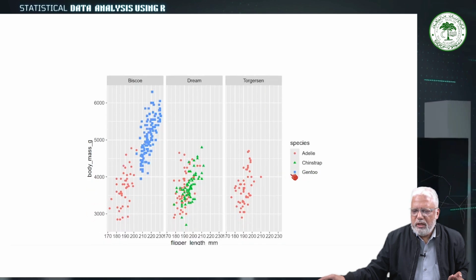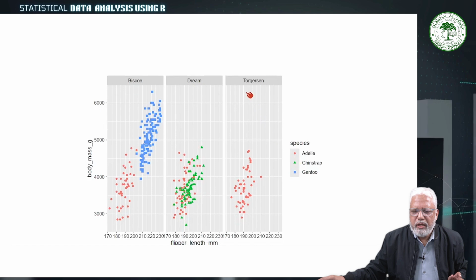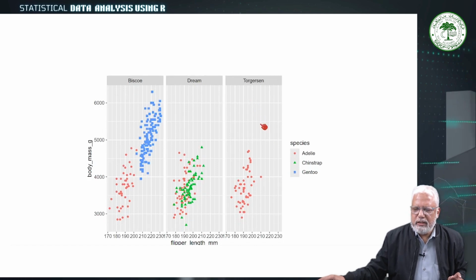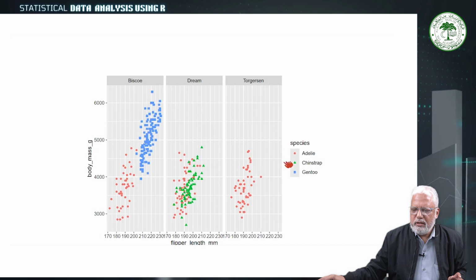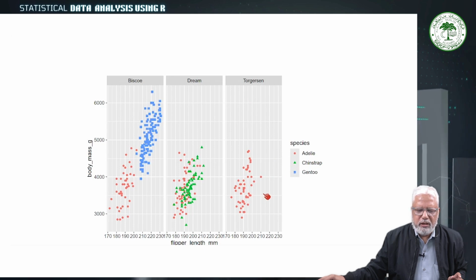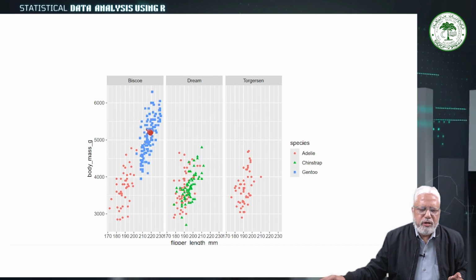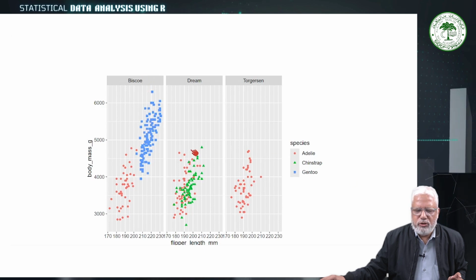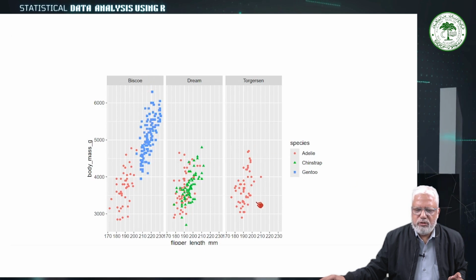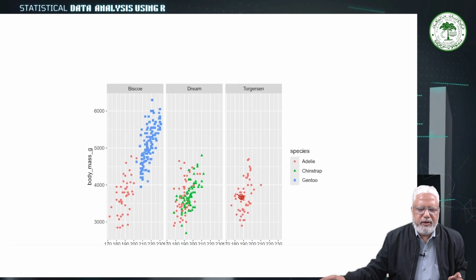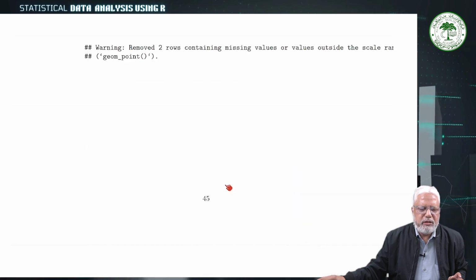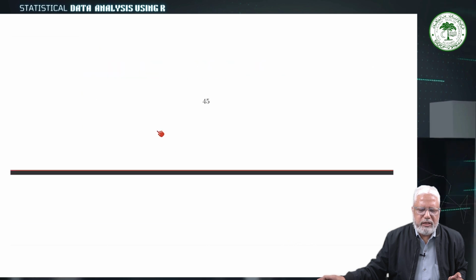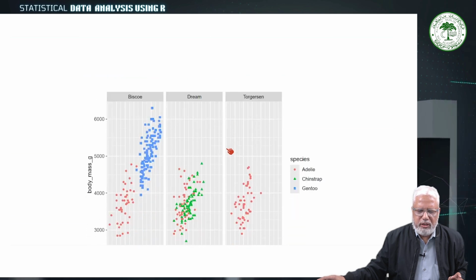Whereas in Torgersen Island, here it is only Adelie, no Chinstrap, no Gentoo was seen here. This could become only because of facet_wrap island. So island-wise faceting has been made.